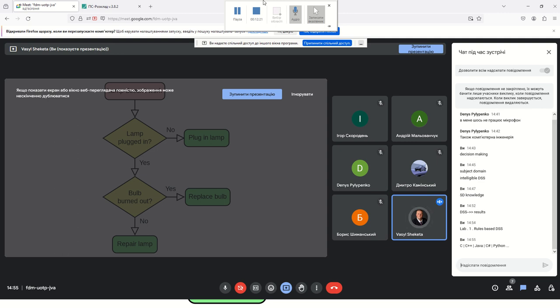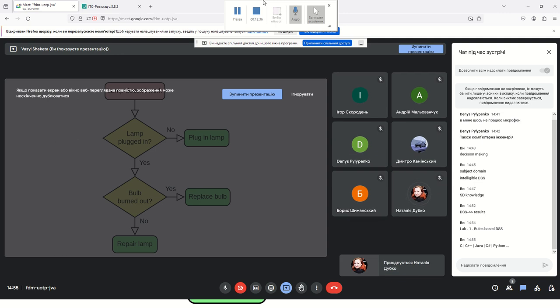So you will use the programming tool that mostly fits your programming stack, the way of development, and so on.